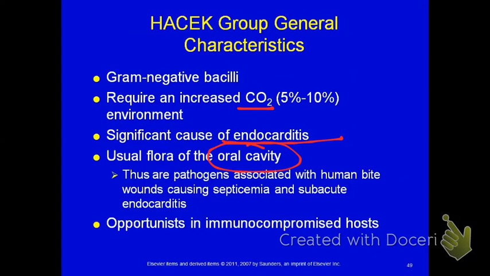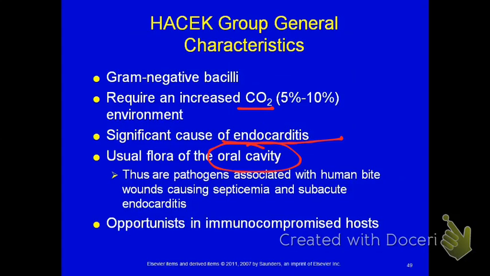In fact, Eikenella could cause periodontitis. Aggregatibacter actinomycetemcomitans could also cause juvenile periodontitis. Okay? So, thus, the pathogens are associated with human bite wounds causing septicemia and subacute endocarditis.